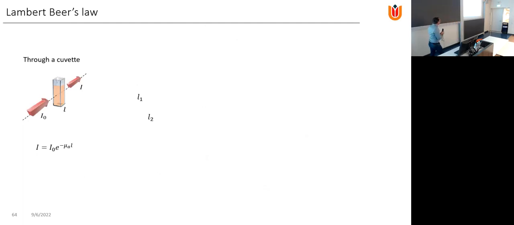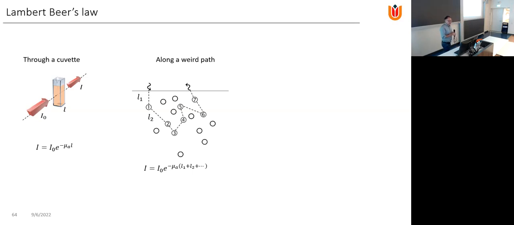Okay. So Beer's law. In the example that we discussed now, you have transmission through a cuvette, but you could also have transmission along a very weird path of light in tissue.